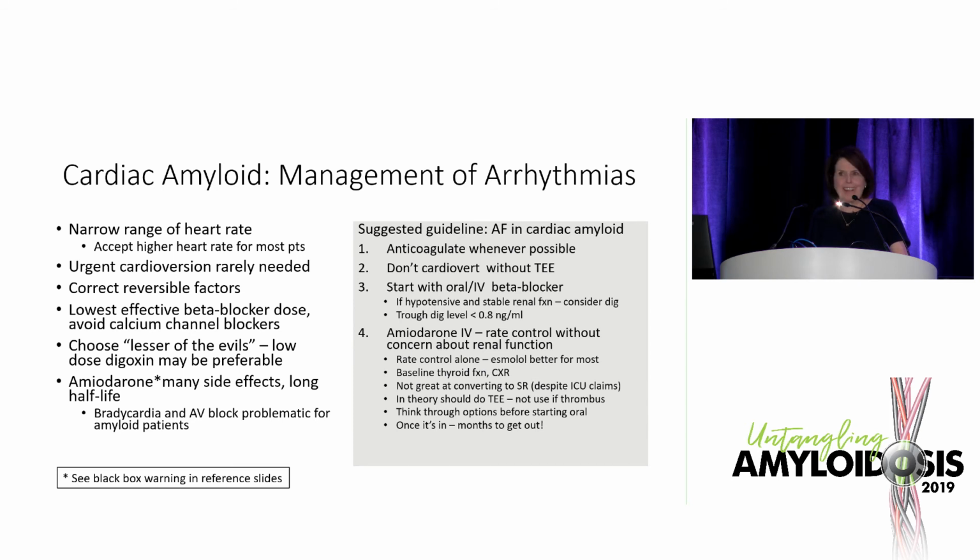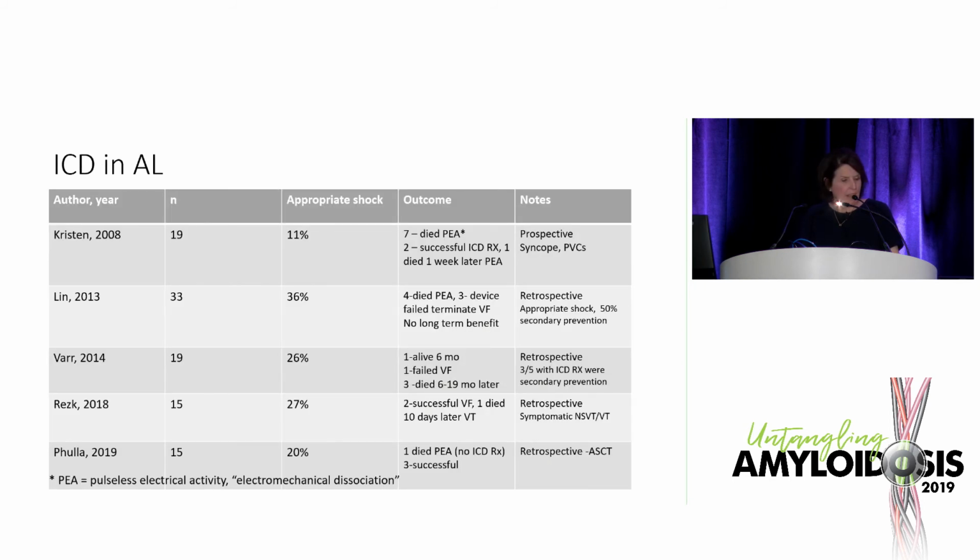It's also really not that great at converting patients, even though the ICU doctors will always tell you we gave amiodarone to convert the patients. But if you look at the studies, it really doesn't have that high of a rate of conversion compared to placebo. And just remember, if you give amiodarone, especially orally, it's going to take months for you to get that amiodarone out of the patient's system. So these AL patients especially are at risk of thyroid disorders and other complications.